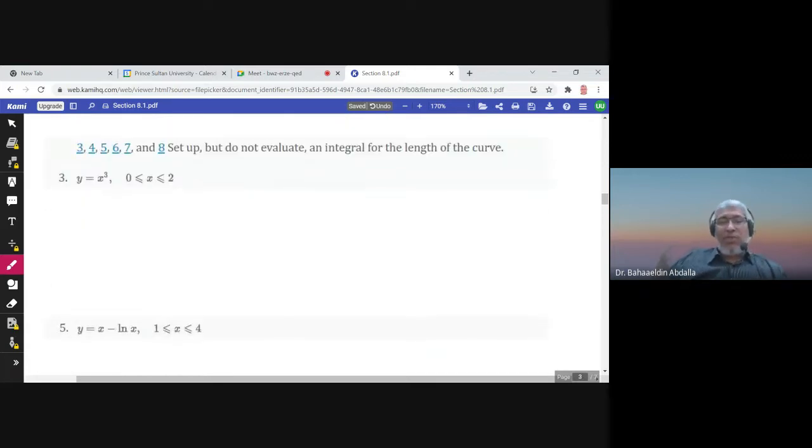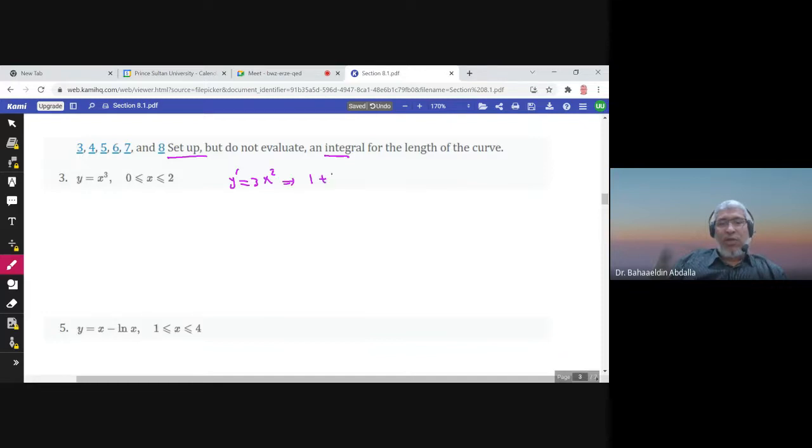Set up but do not evaluate an integral for the length of the curve. Okay, he is asking about setting up the integral. So we will not evaluate, we'll just set the integral up. So I have y, I need y prime. Y prime is 3x squared.